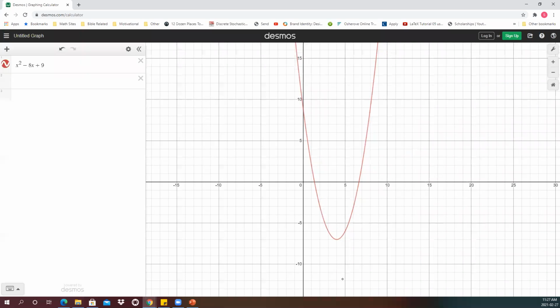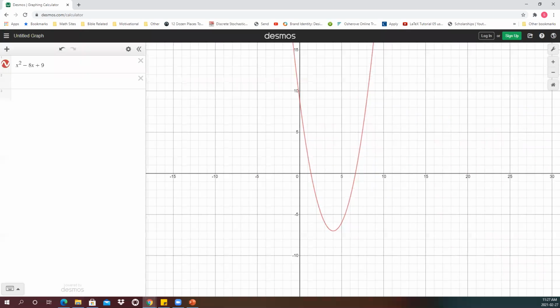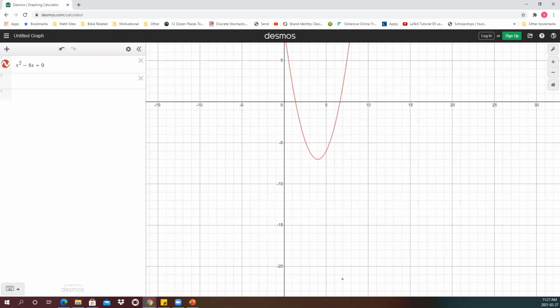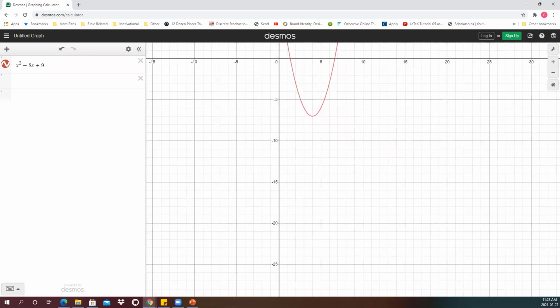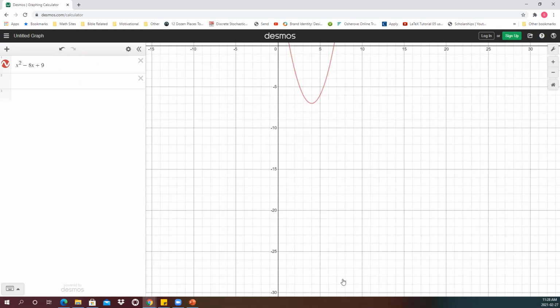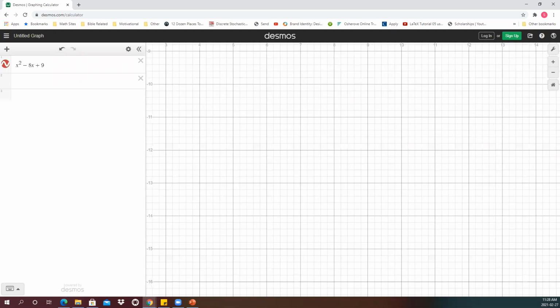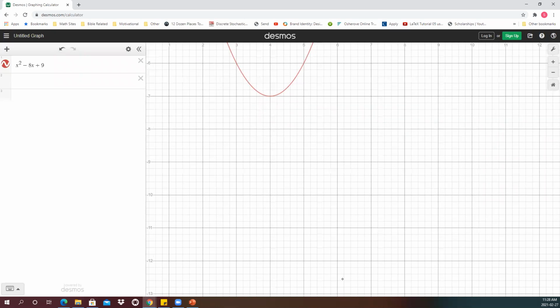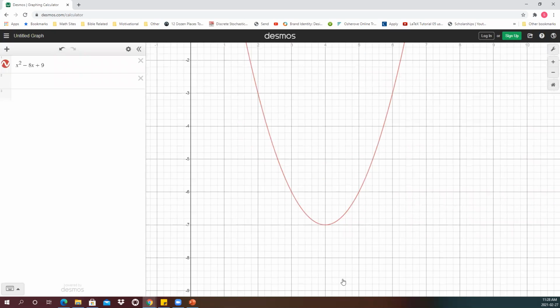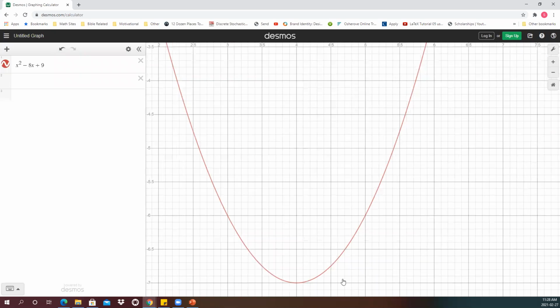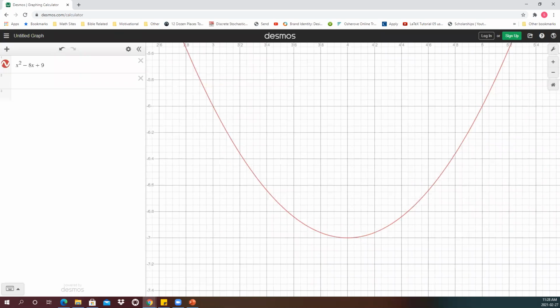All right, so this is what we have. Let's just check for our minimum and maximum. I'm just going to enlarge it so the scale is better for us to see the values. All right, so there we go.